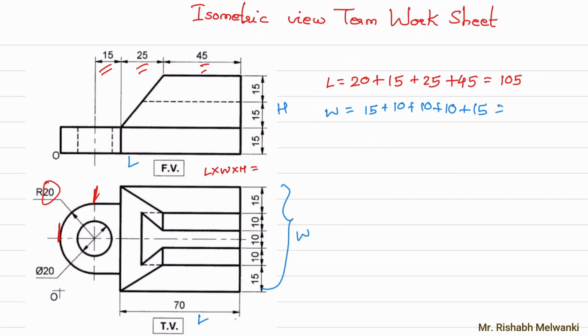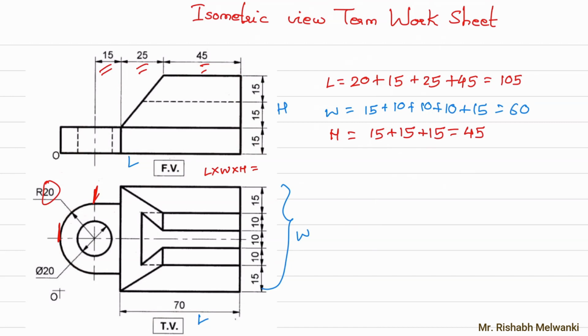What is the total? 60. Then the last dimension, height, is remaining. Here the height is 15 plus 15 plus 15. This value is 45.